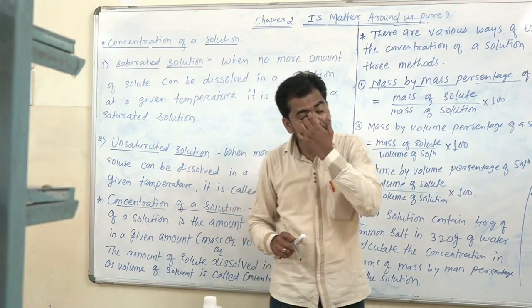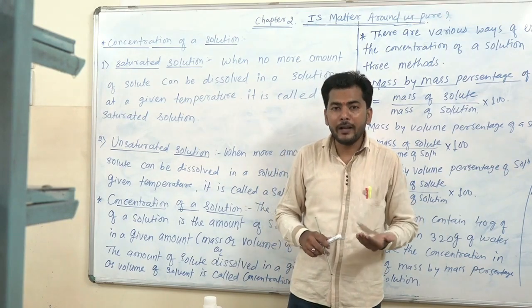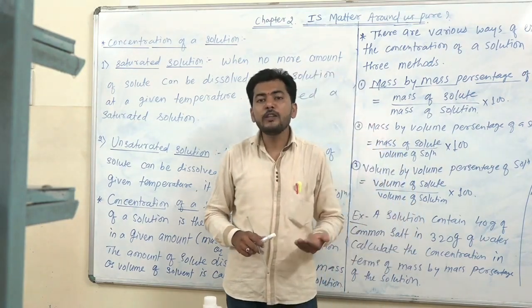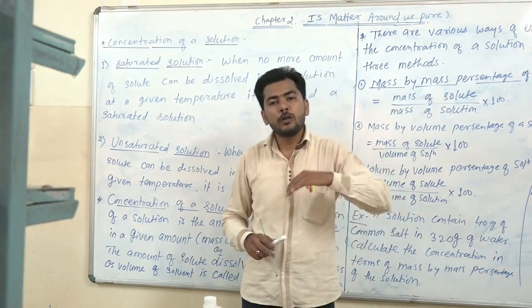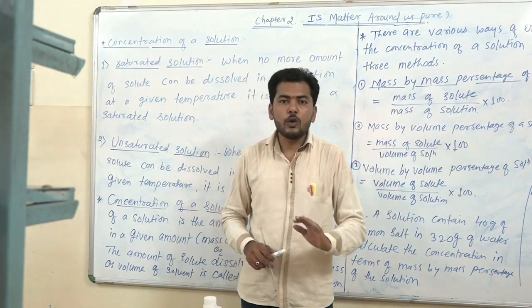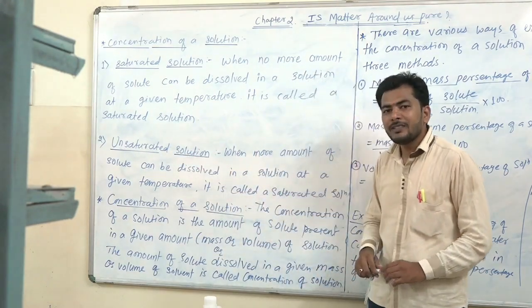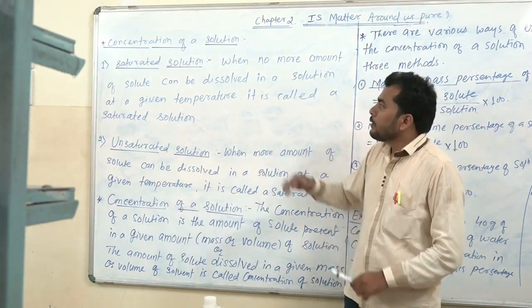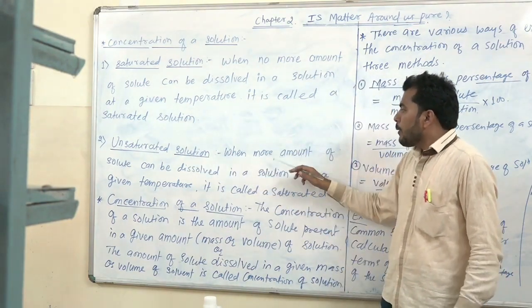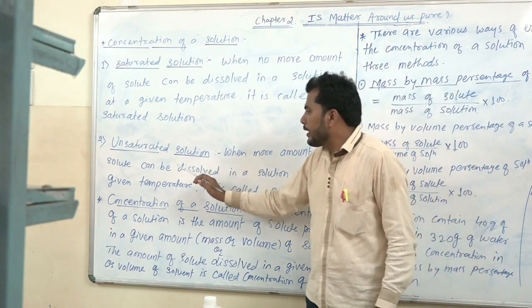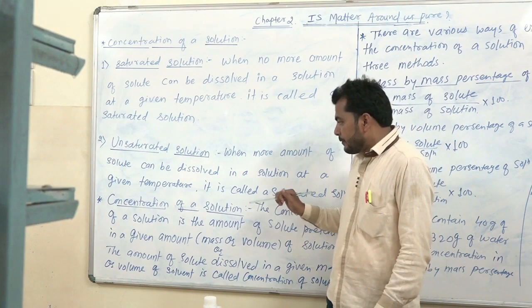It means the saturation level of the solution has been achieved, and if we try to dissolve more solute in that solution, the solution will not be able to dissolve it. It is called a saturated solution. Now, an unsaturated solution is exactly the opposite of a saturated solution. Unsaturated means more solute can be dissolved in the solution at a given temperature.